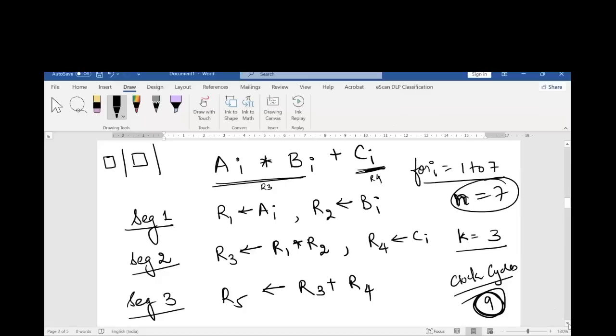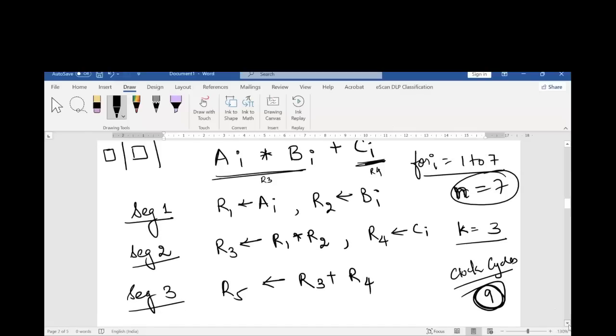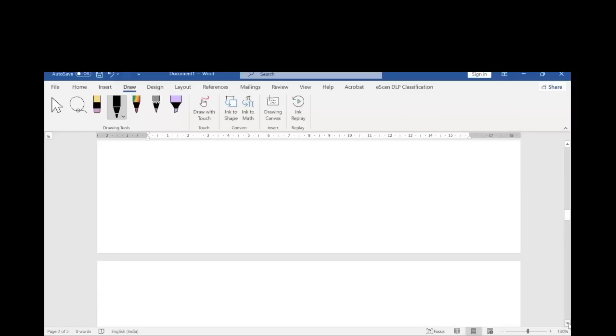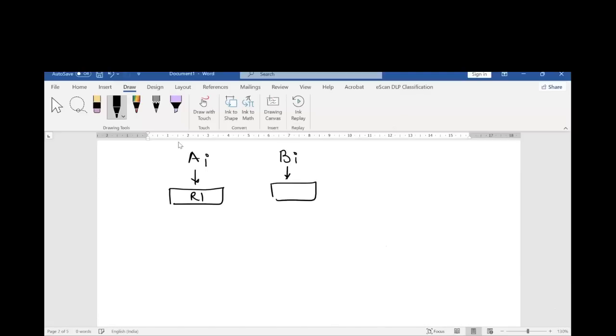Now let us move ahead. What you may be asked in the exam is, this equation is given, and you represent it using a pipeline. So how to represent it using a pipeline? We first specify the first task we did. We loaded Ai and Bi to some registers, because every segment is separated by a register. So R1, R2. After that, we place R1 and R2 into a multiplier.